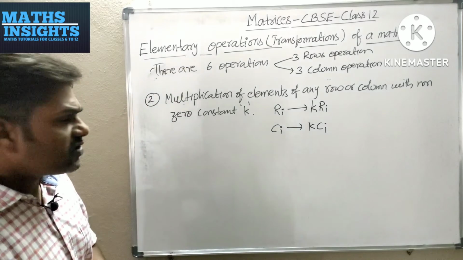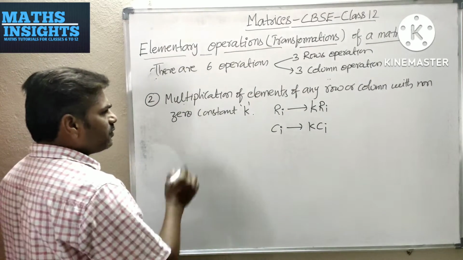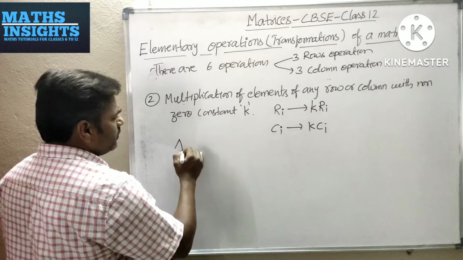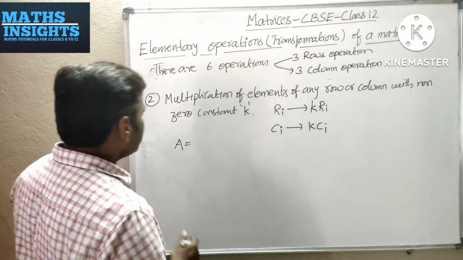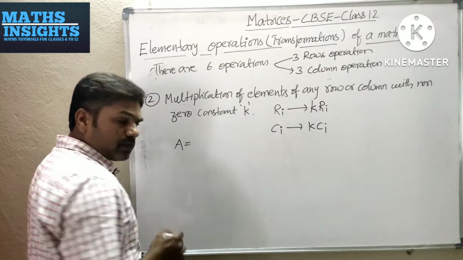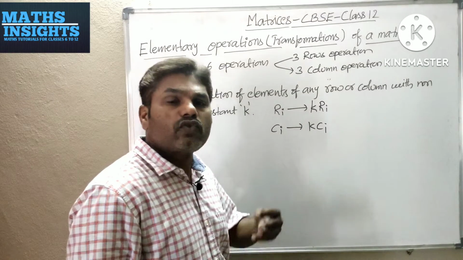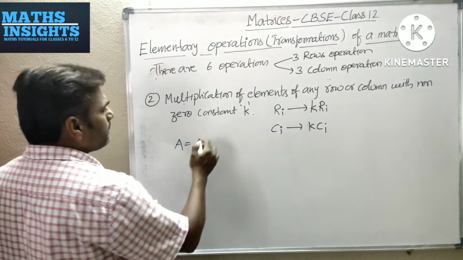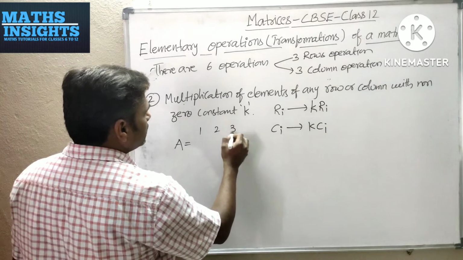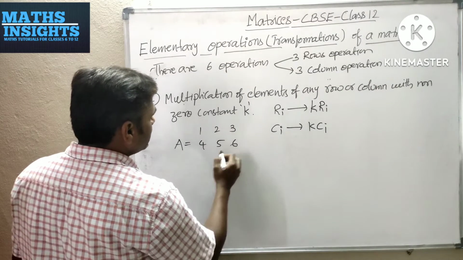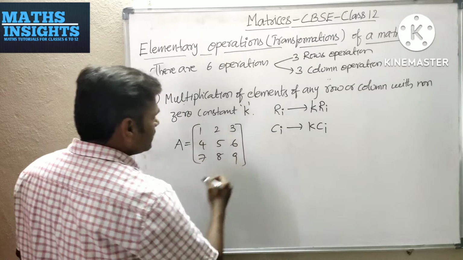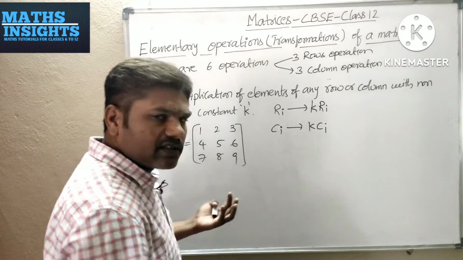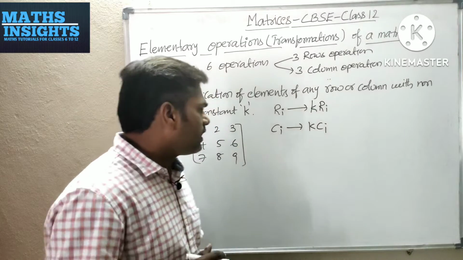You can understand this better by taking an example. I am taking a 3 by 3 matrix. You can apply the operations on A also, whether A is square or rectangular: 1 2 3, 4 5 6, 7 8 9. This is a 3 by 3 square matrix, with 3 rows and 3 columns.